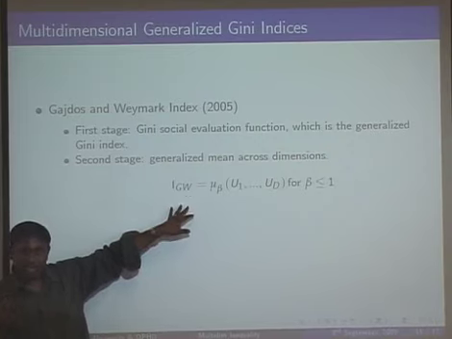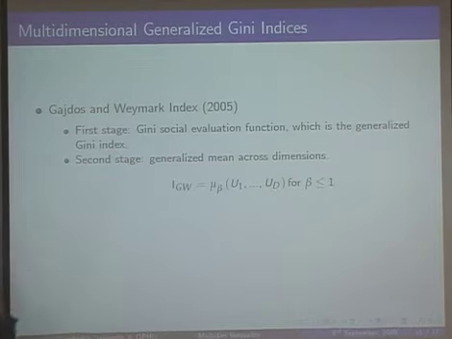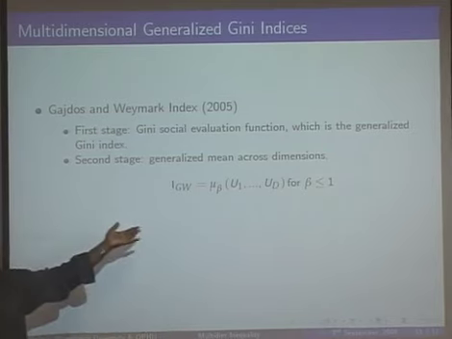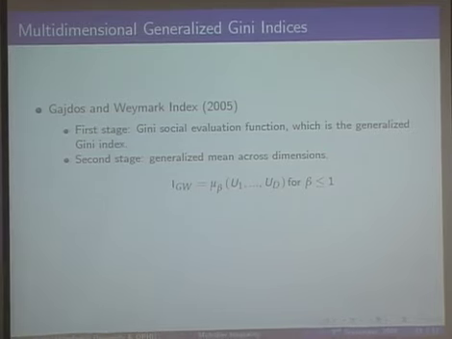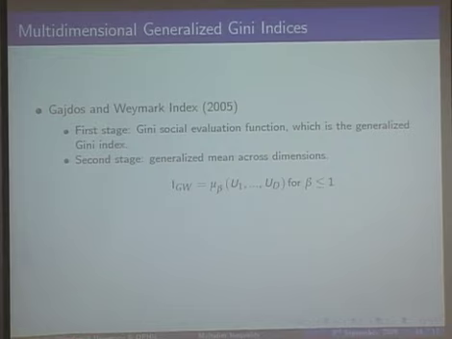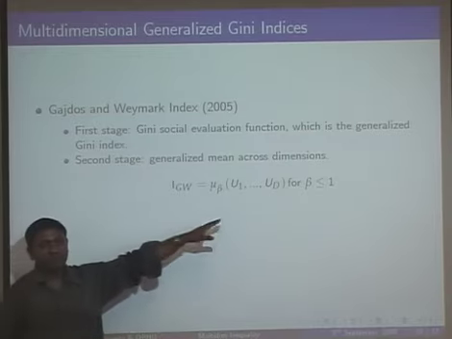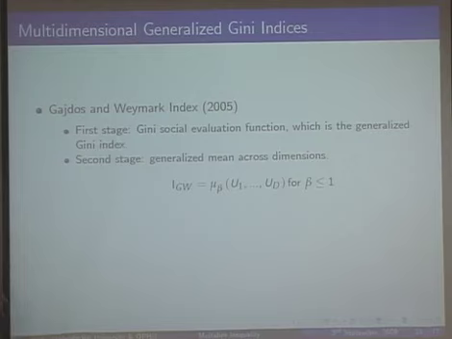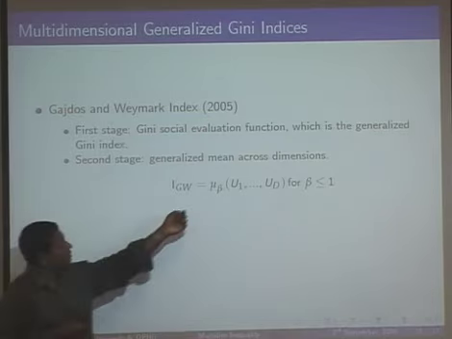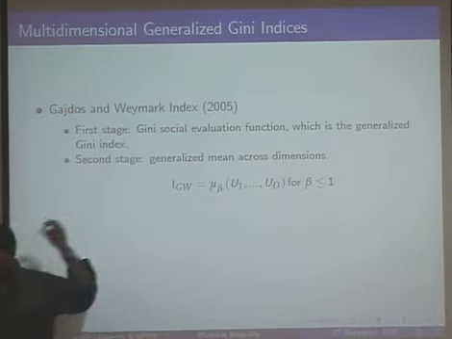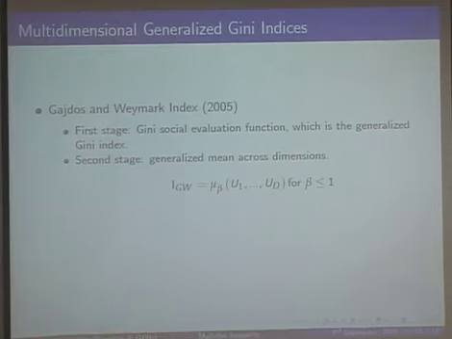Although this is an inequality index, they are related. Definitely this is more general. Hicks had only one mean, the average, and then a simple Gini. This has a generalized mean and a generalized Gini inside. So the Hicks index can be mentioned as a particular form falling in this class. It can be generated from the Gajdos and Weymark index.